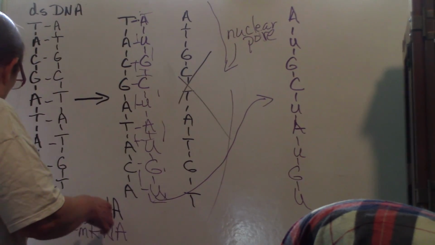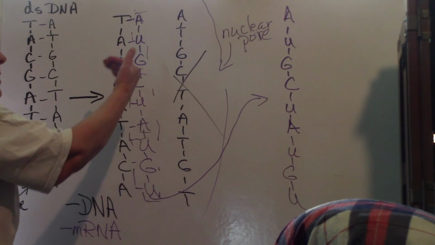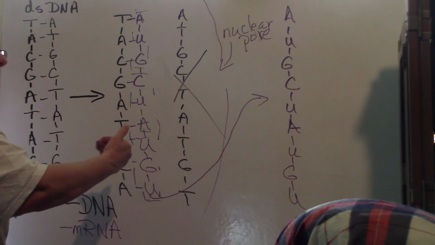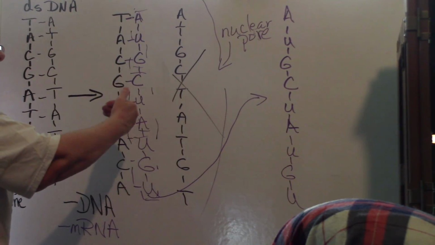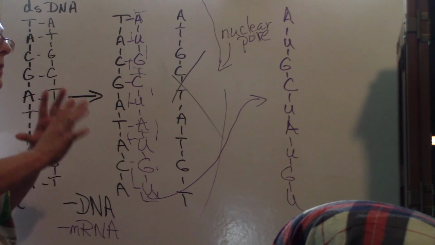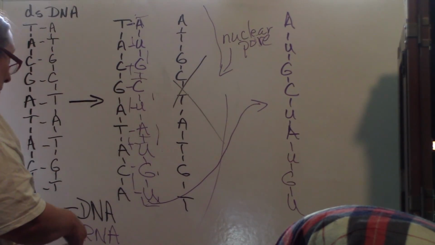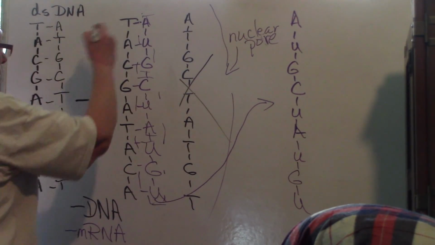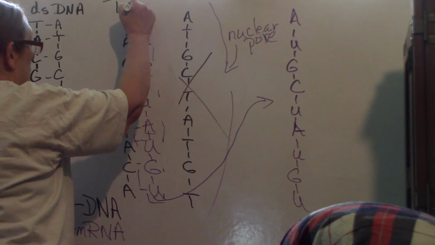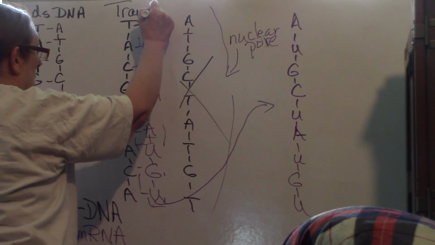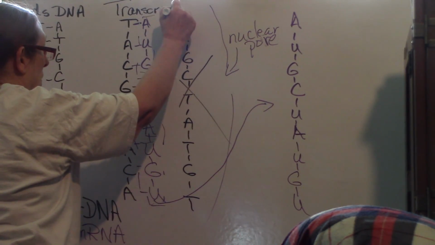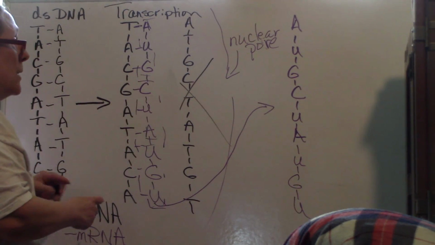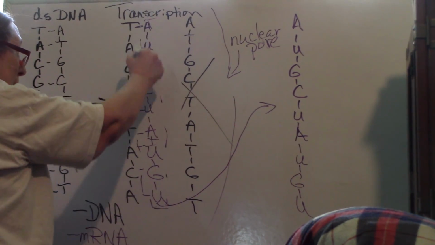Now, again, there are genes that code for ribosomal RNAs and transfer RNAs, but they function in translation. So let me, right up here, transcription. So you know that's what I've been talking about. So primarily right here.